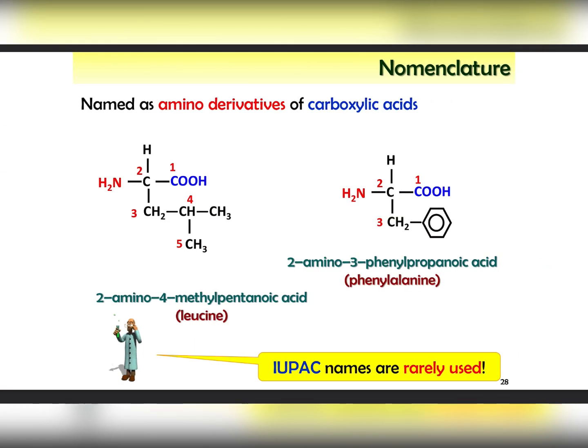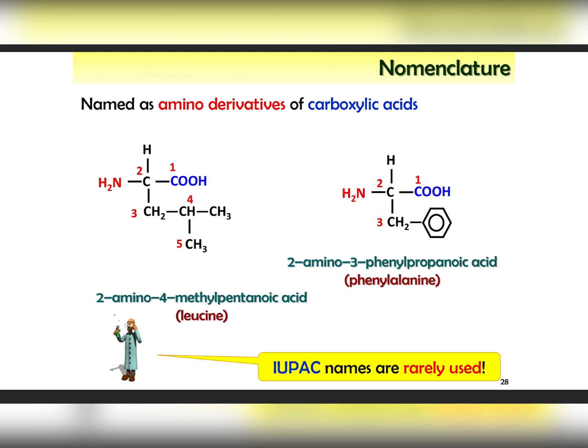Okay, so now kita cuba tengok this example. Okay, so the first one, dia back to the basic concept. Okay, sebab kita ada dekat sini amino dengan COOH. So which one has the higher priority? Of course, COOH lah, the highest priority of all the organic compounds. So ini yang akan jadi carbon nombor 1.